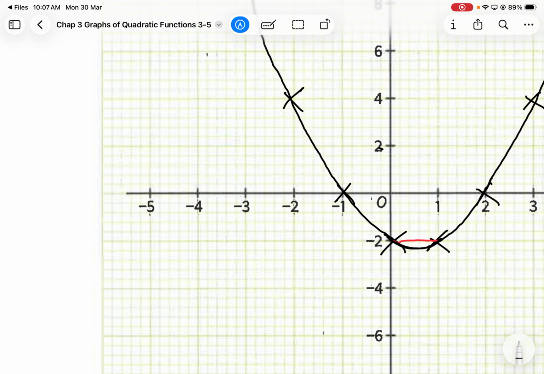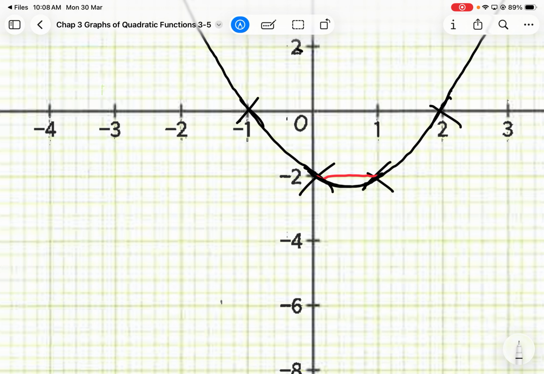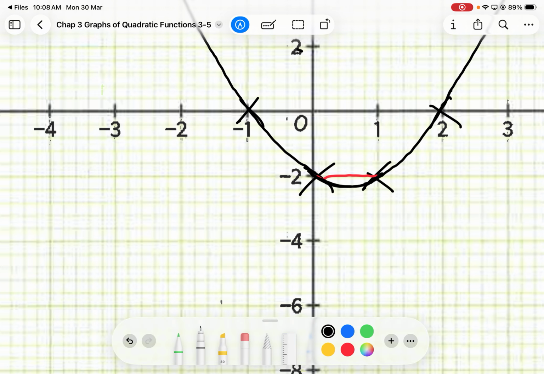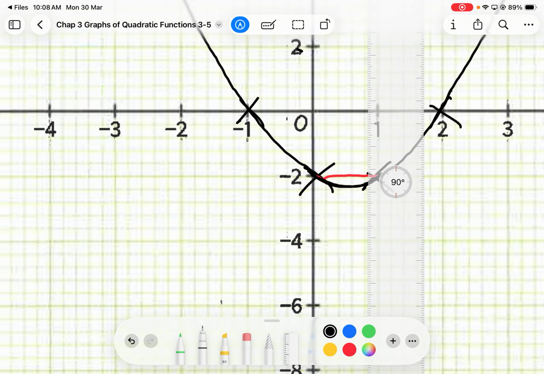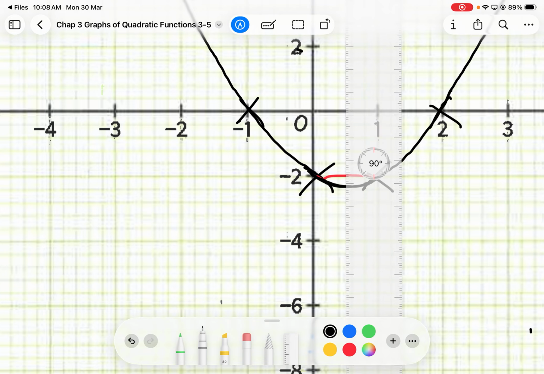So if here is 0, here is 1, my line of symmetry must run through in between, exactly in the middle. So in this case, my line of symmetry will appear here. Okay? My line of symmetry will be exactly in the middle of 0 and 1, which is half. So my line of symmetry will be here. This is my line of symmetry.